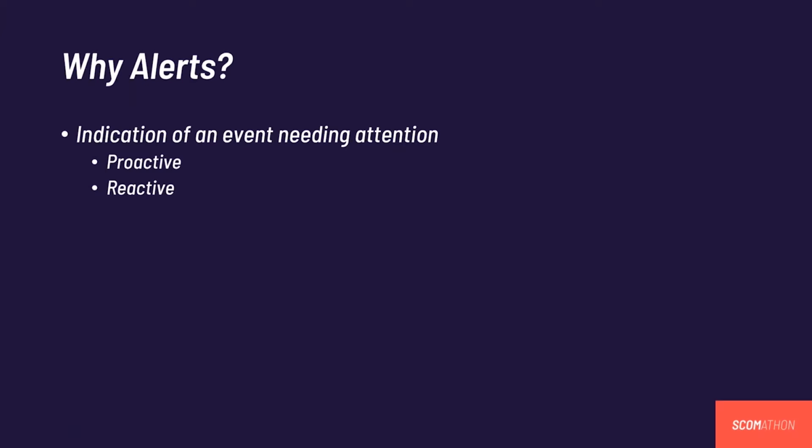Then there are some alerts that are reactive, raised when something has already broken, right? So for example, if a service has stopped, that alert will only let you know after the fact that the service has stopped. So you can only react to it, say by restarting that service, but you cannot really prevent that service from stopping in the first place.